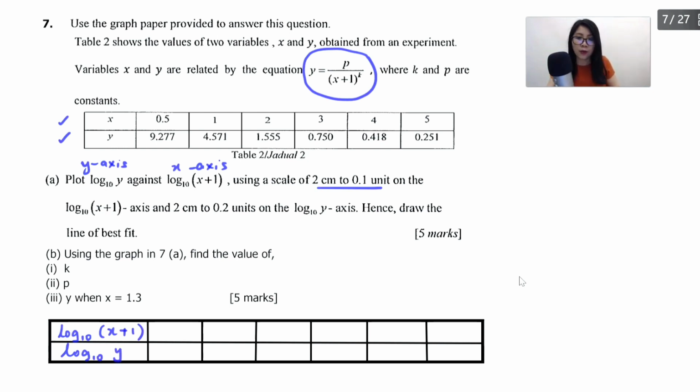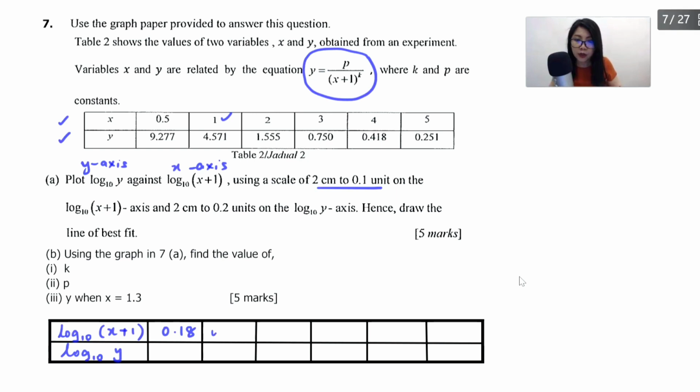Based on the above table, log x plus 1: x is 0.5, plus 1 is 1.5. So log 1.5, when you use the calculator, is 0.18, rounded to 2 decimal places. Then 1 plus 1 is 2, so log 2 is 0.30.